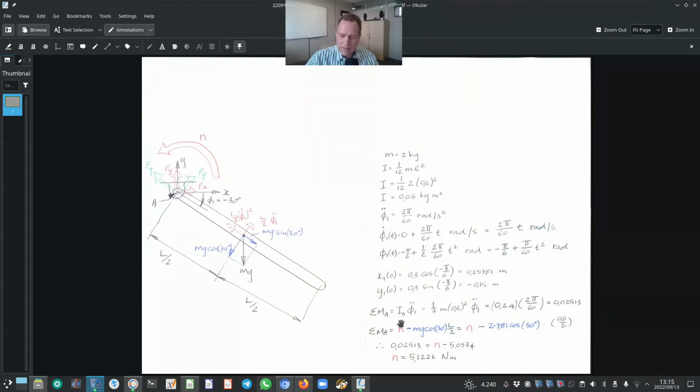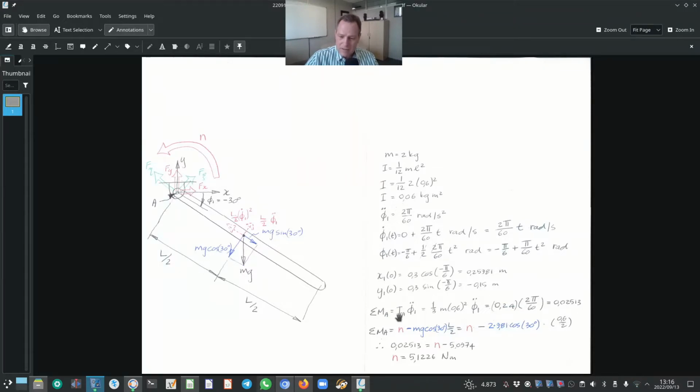So IA, the moment of inertia of the pendulum rod about point A, we distinguish from the moment of inertia about the center of gravity, which we looked at initially. So this is different.